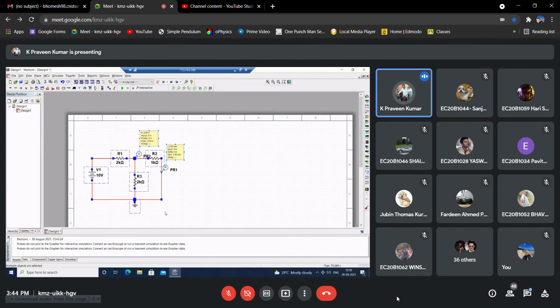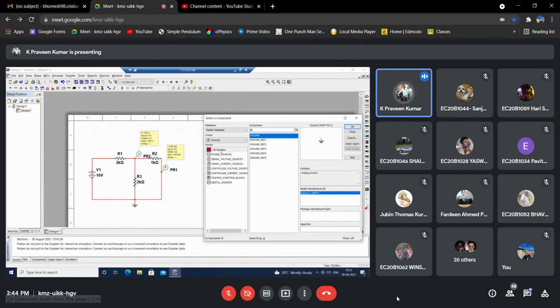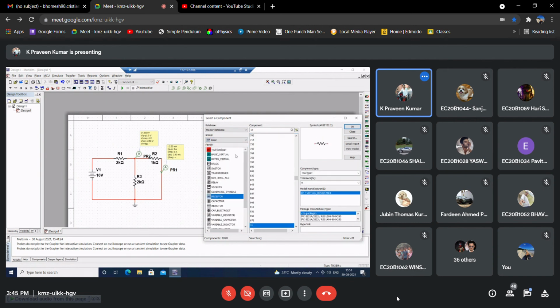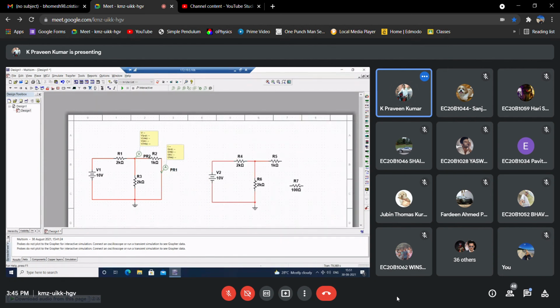We will take the same circuit. What we did for the verification: instead of having the open circuit there, we will take some load resistance of 100 ohms and connect it across these terminals.